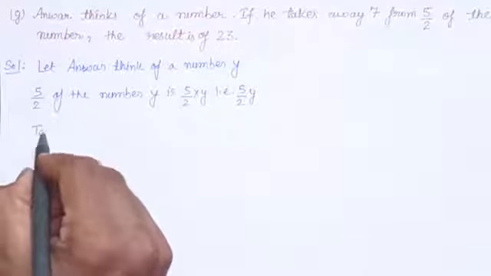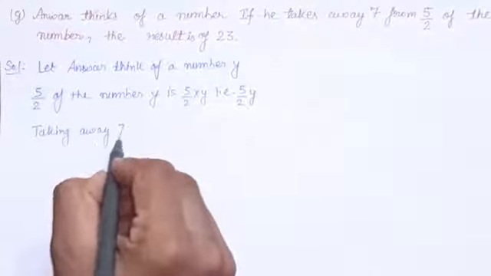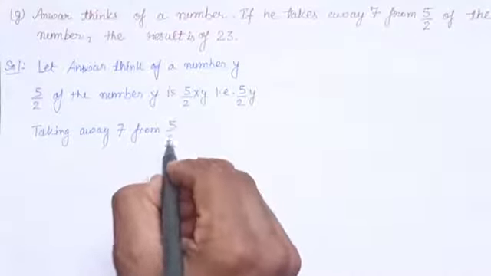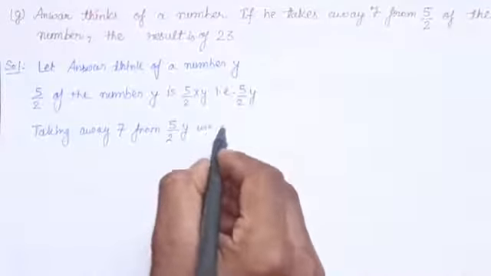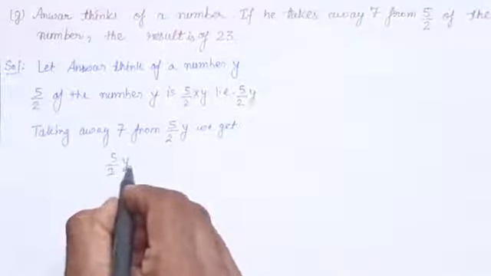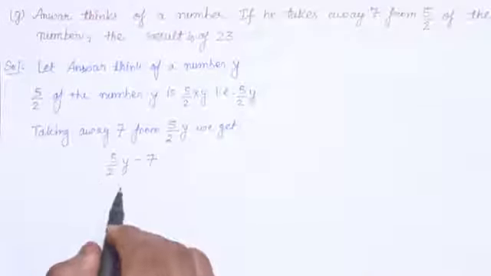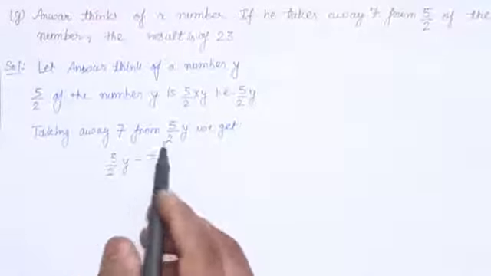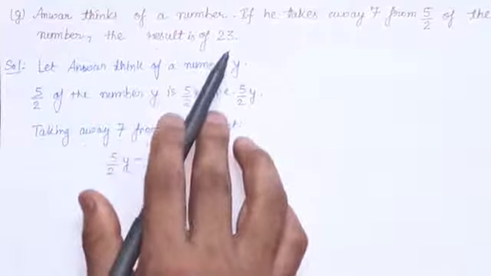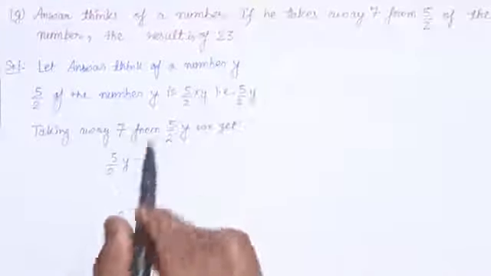So taking away 7 from 5 by 2 y, we get 5 by 2 y minus 7. So this is the number. But when he takes away 7 from 5 by 2 of the number, then the result is 23. It means 5 by 2y minus 7 is equals to 23.